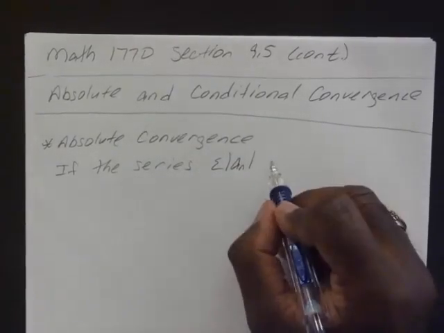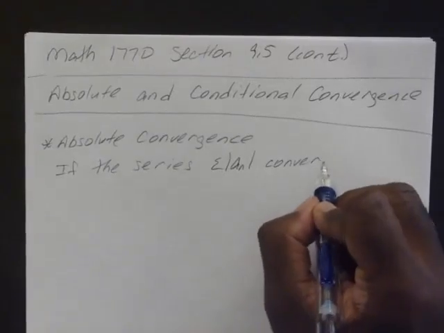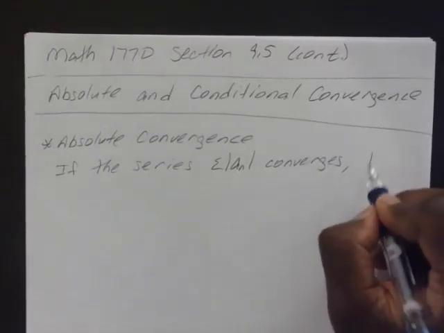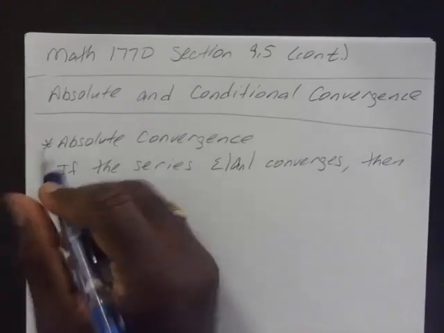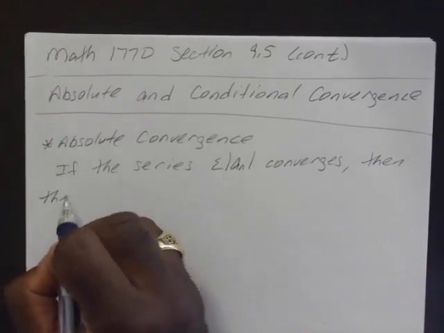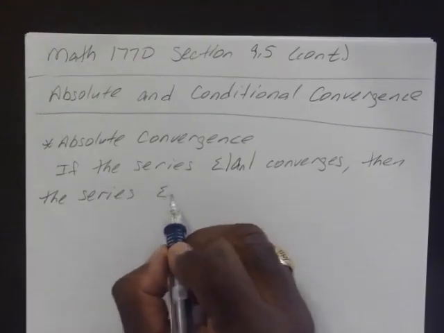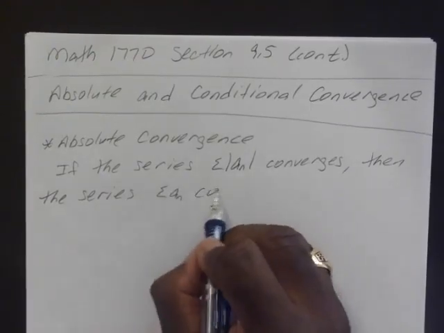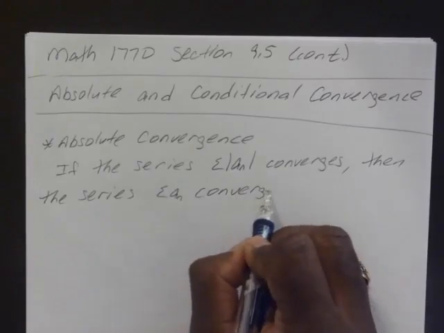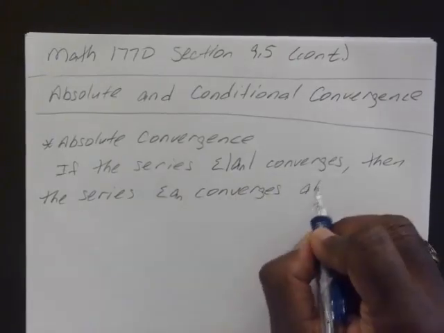If that absolute value converges, then we know that the series itself converges. And converges absolutely.